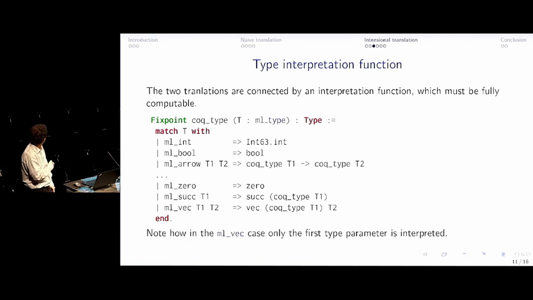Bool, row, okay. In most cases, we just call Coq type recursively on the arguments. And we translate ML0 and ML_suc, whereas actually we will not really use 0 and suc in the translation of the programs. And for vec, the first parameter is just a type parameter, so it's translated, and the second one we keep as an ML type, so no need to translate.